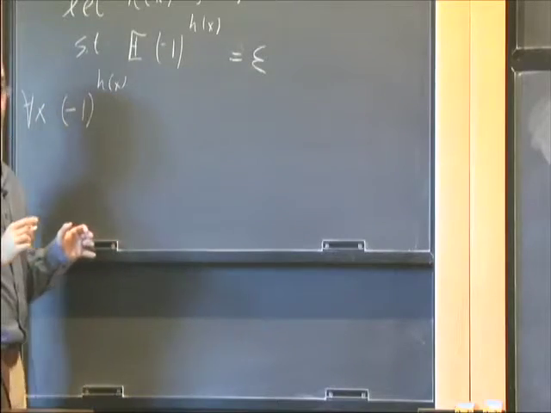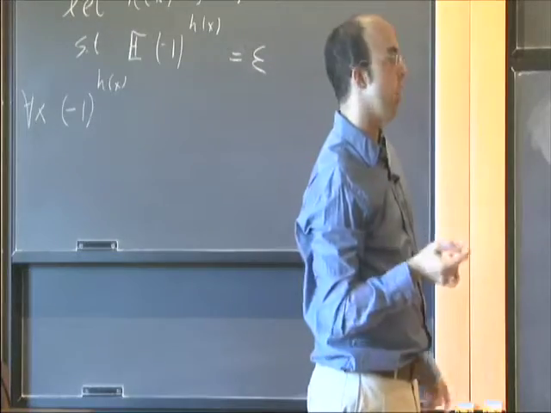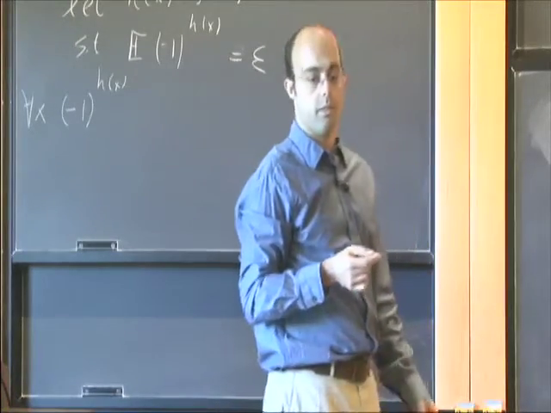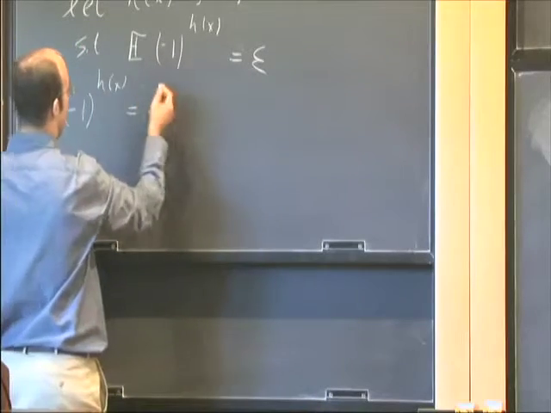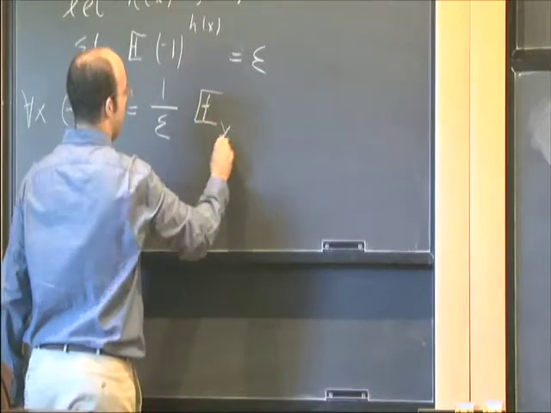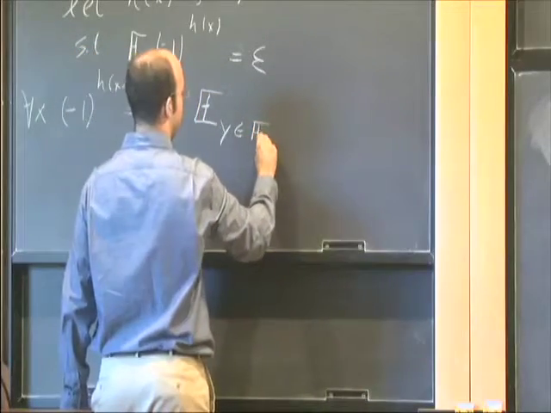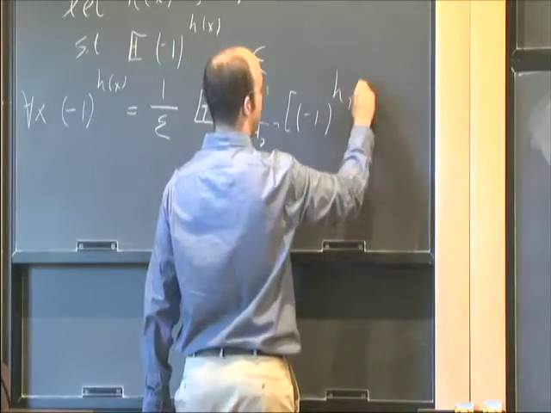Probably also d needs to be at least 2 for this. Yes, d needs to be at least 2, sure. For d equal 1, it's easy. Good. So I just want to claim that you can always write it in the following way: 1 over epsilon, go over random derivatives, and look at this function, the derivative.